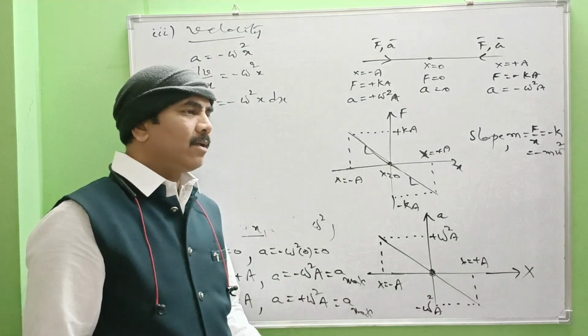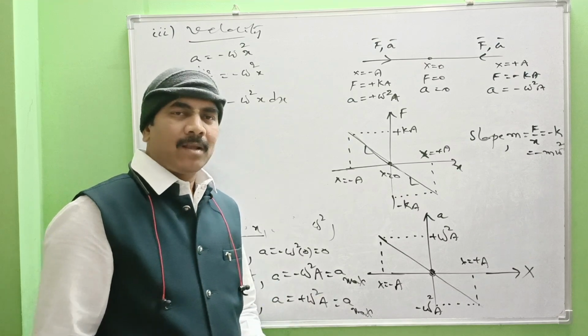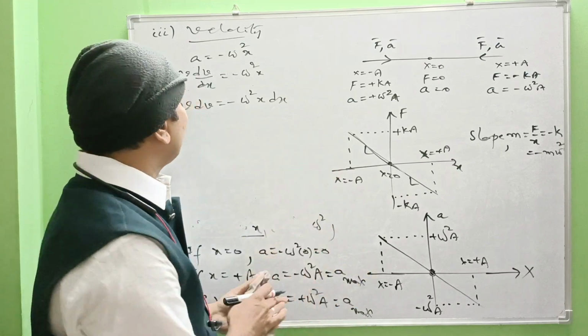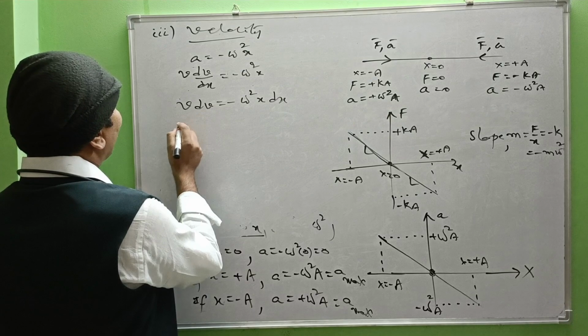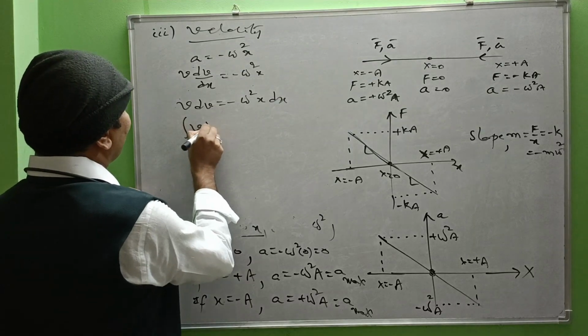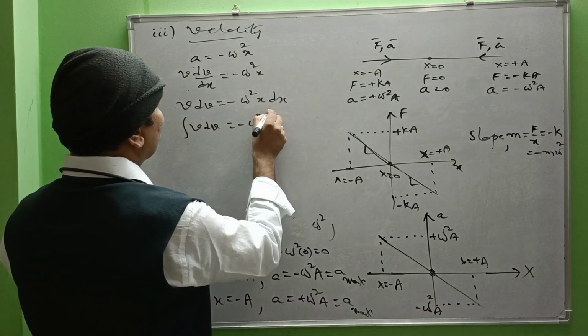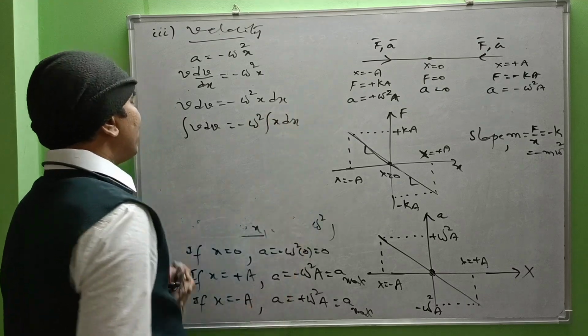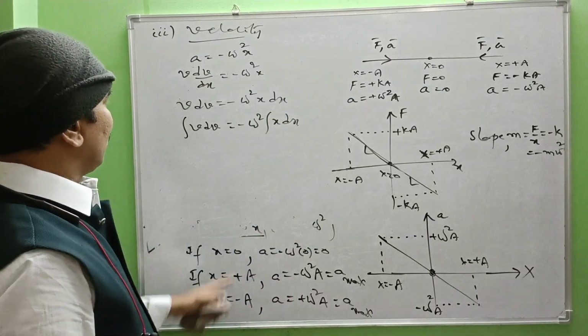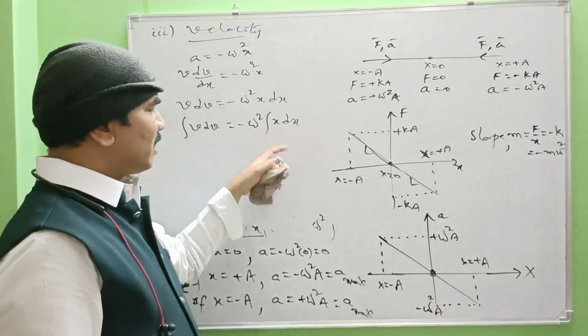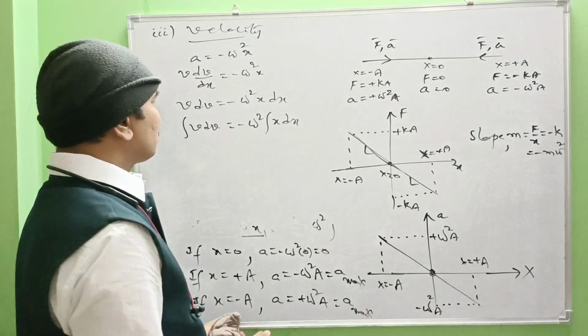To get variations on a large scale, we have to integrate the expression, that is integral v dv equal to minus omega square into integral x dx.